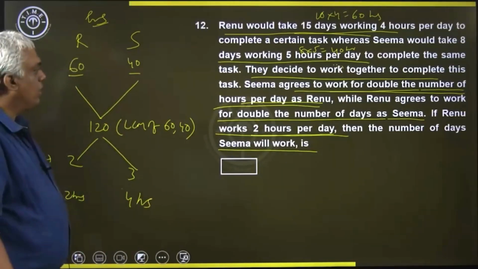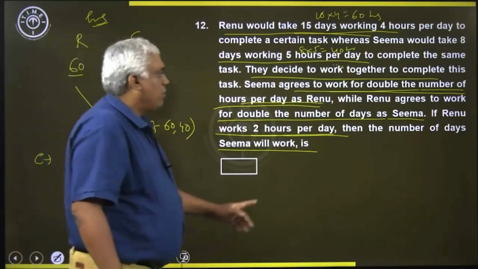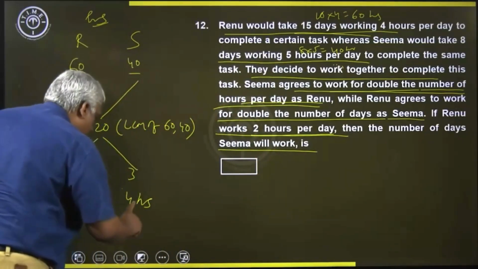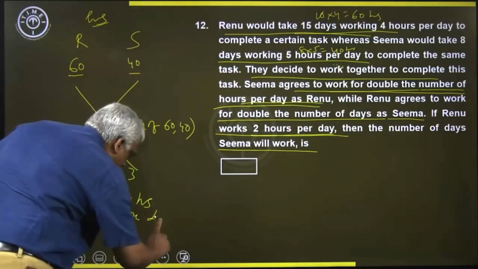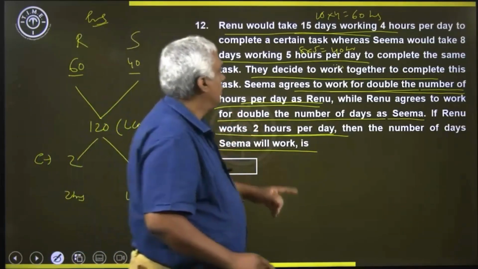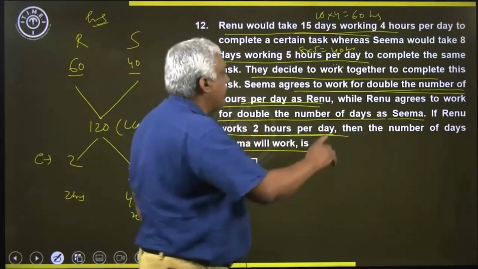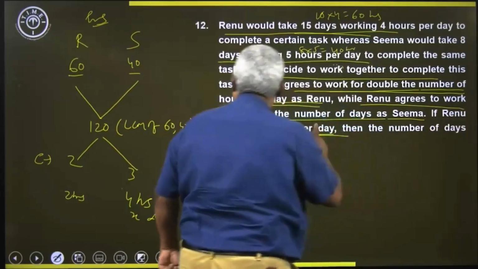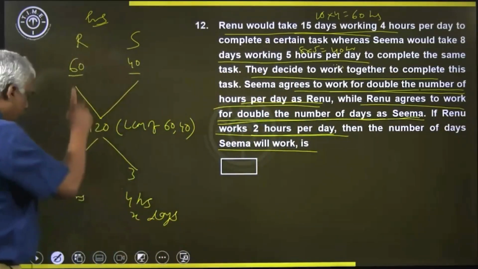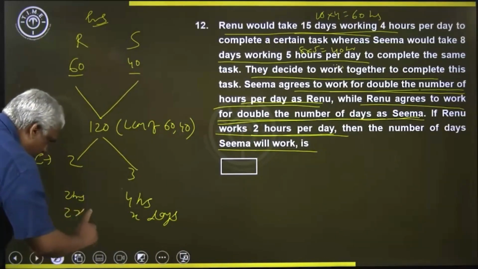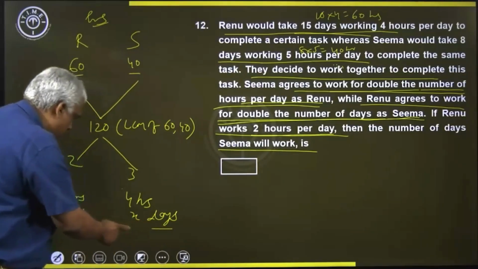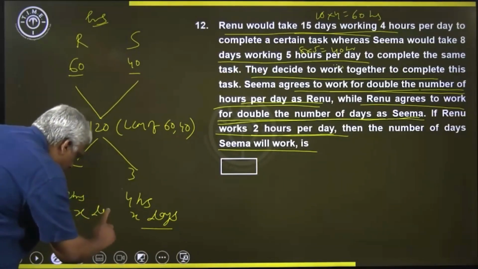The question is the number of days Seema will work. Let's say Seema will work for x days. Renu agrees to work double the number of days as Seema, so Renu will work 2x days.